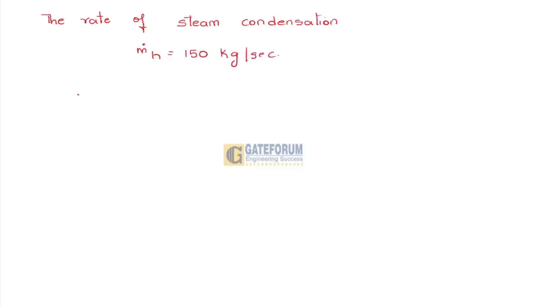So the rate of steam condensation, m dot h, is 150 kg per second. This m dot h into hfg is equal to m dot c into Cp into (T2 minus T1), these are the cold temperatures.